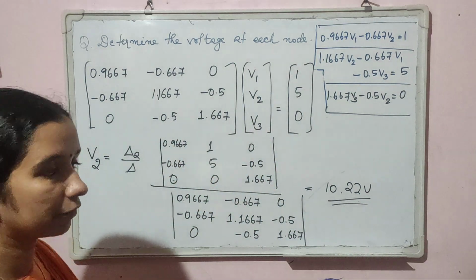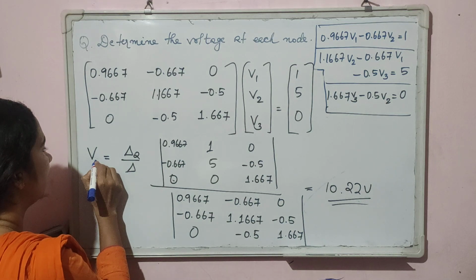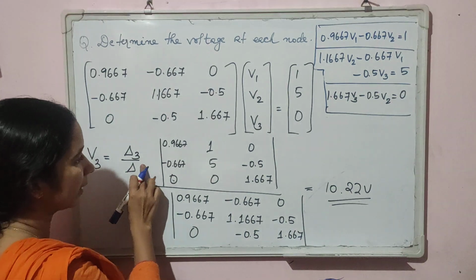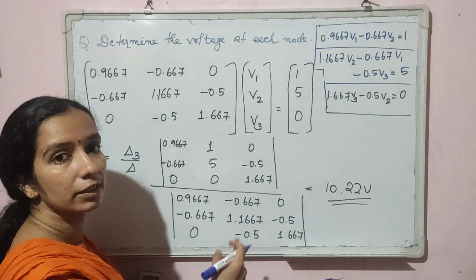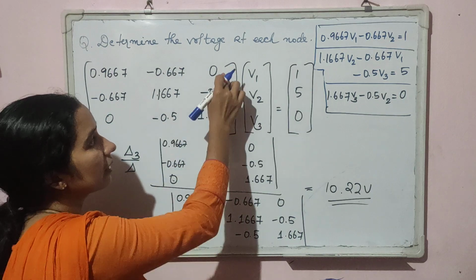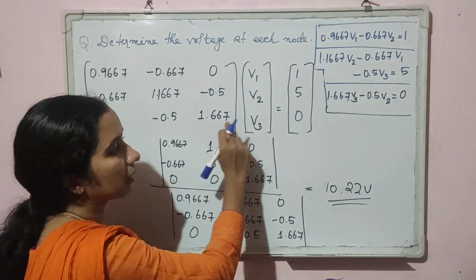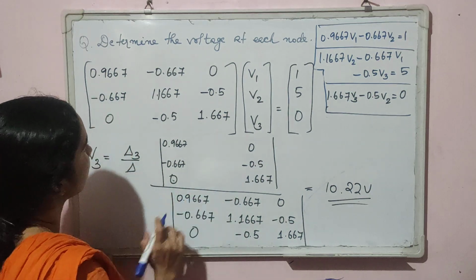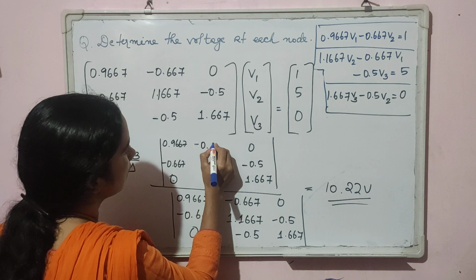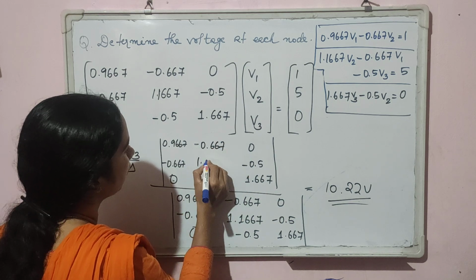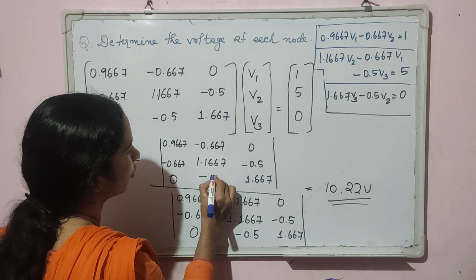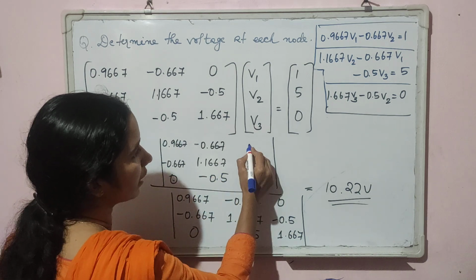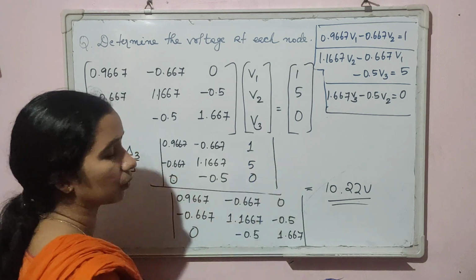Now we have to calculate V3, and V3 will be equal to delta 3 divided by delta, and delta 3 is the determinant of that matrix, which is obtained by replacing third column of the coefficient matrix by the constant matrix. So first column and second column as such, that is minus 0.667, 1.1667 and minus 0.5, and instead of the third column write the constant matrix, that is 1, 5 and 0.